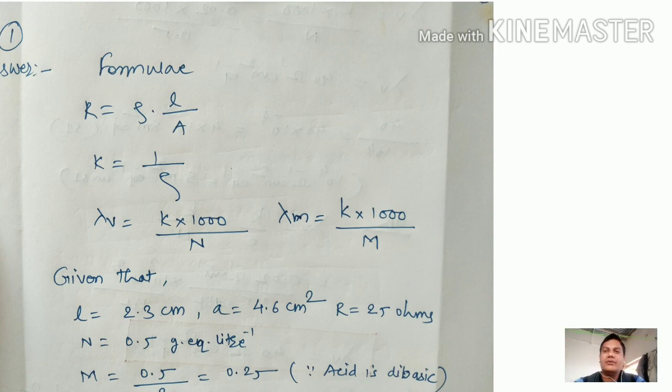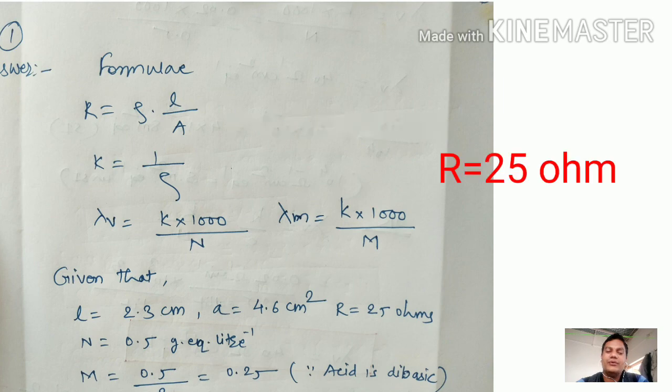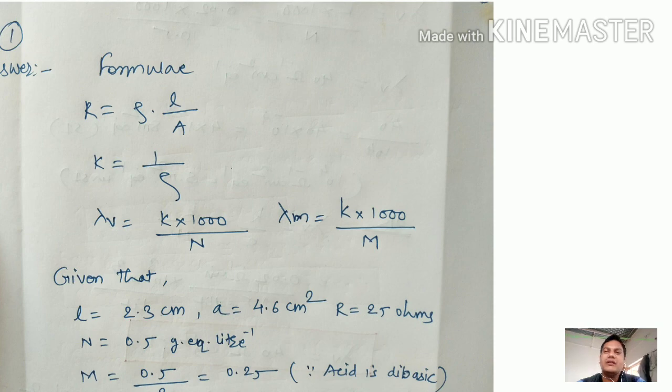Now first of all we have to write the given data. Now what is given? You can see here L is equal to 2.3 centimeter, A is equal to 4.6 centimeter square, R is equal to 25 ohms, N is equal to 0.5 gram equivalent per liter. Now if you read the numerical carefully, it is a dibasic acid. So what is meant by dibasic acid?